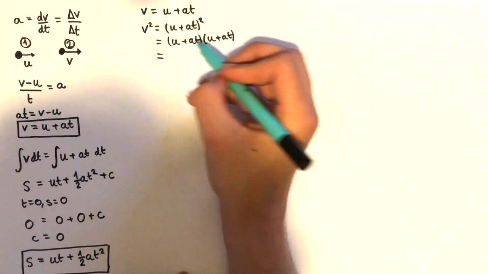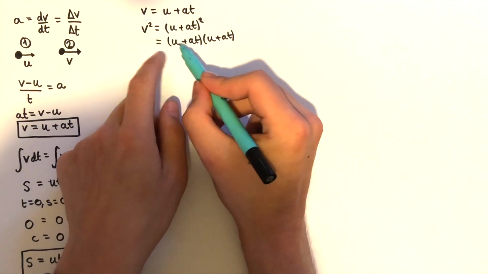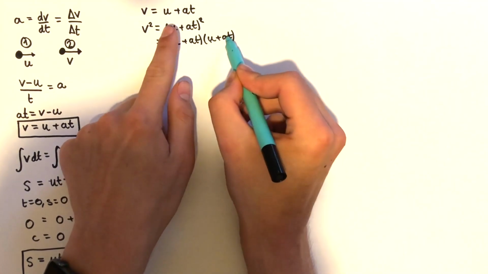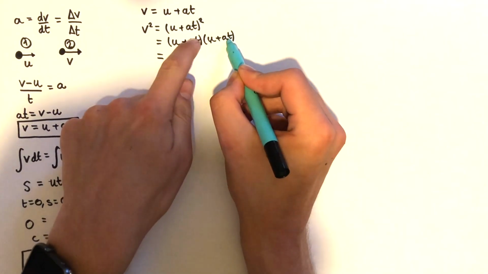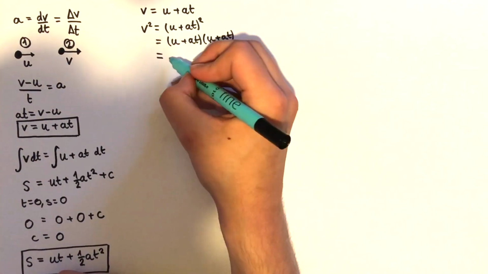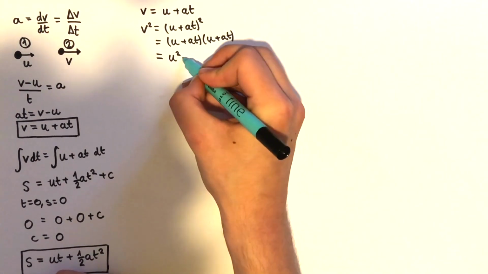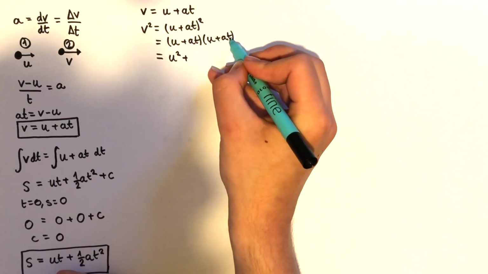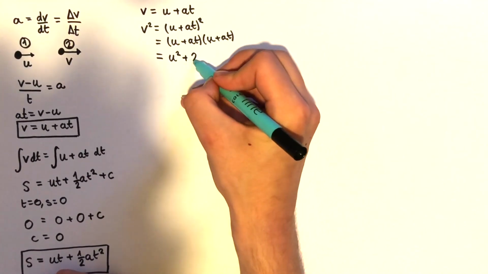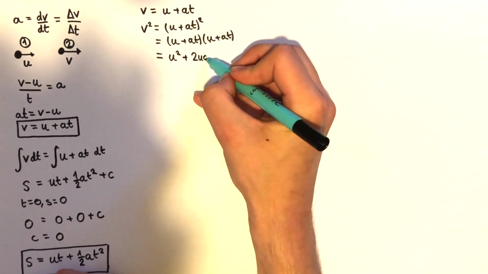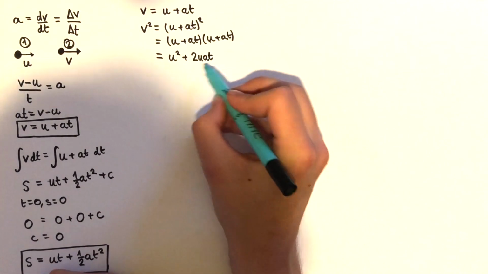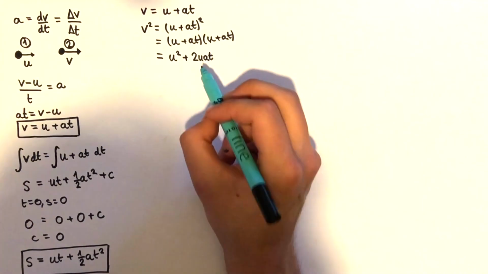Of course, you use the FOIL method of expanding, where you multiply these two, and these two right there. So what are we going to get? We're going to get u squared plus uat plus another uat, so plus 2uat. This term in the middle, by the way, is always known as the cross term.